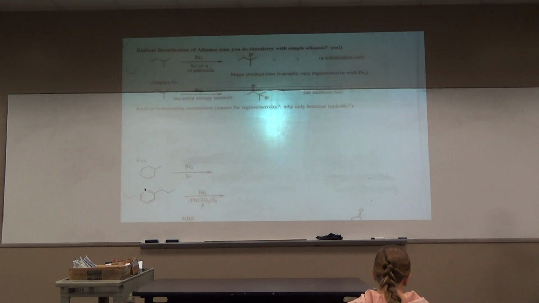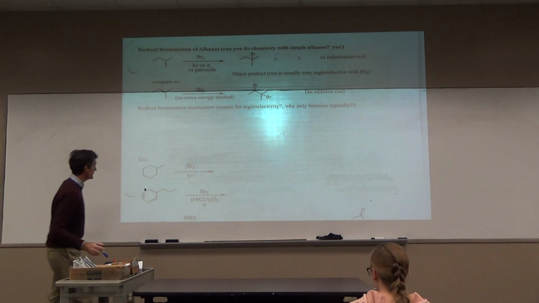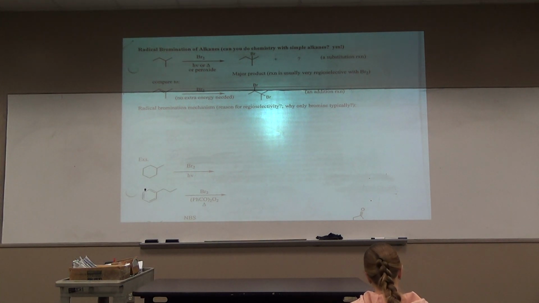We did the mechanism. Okay, let's see if we can predict products. What did you get for the first reaction? Can you name your product? Anybody got a product? Can you name it?